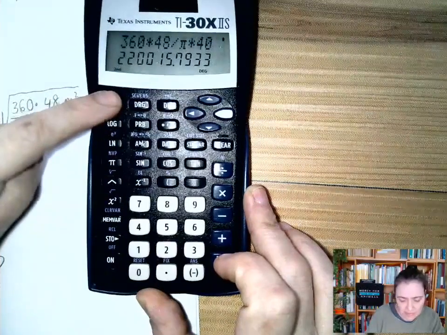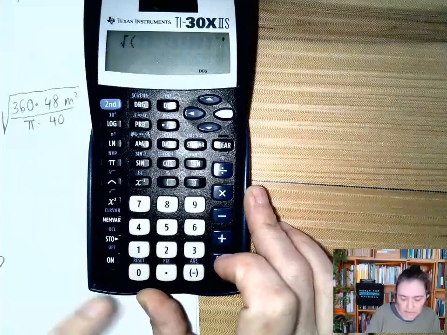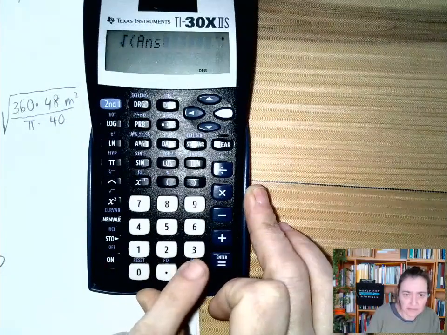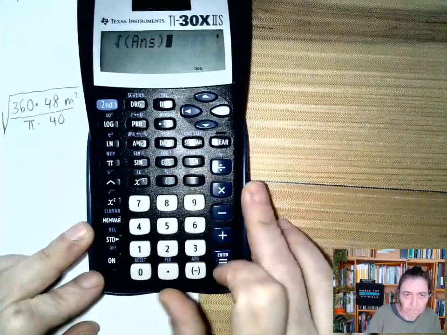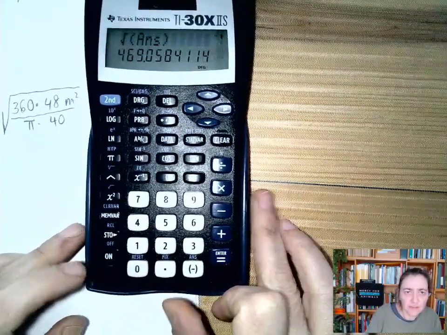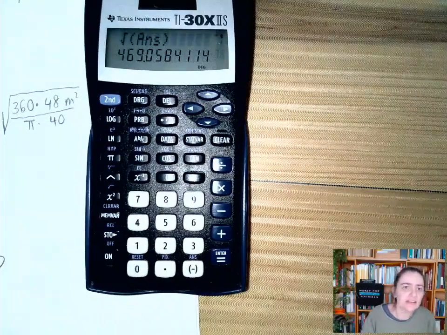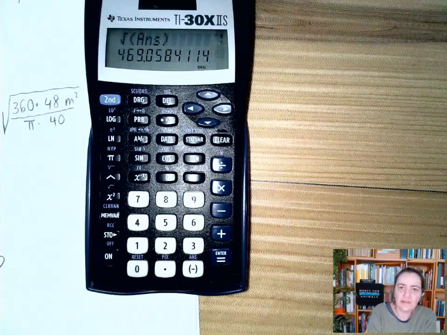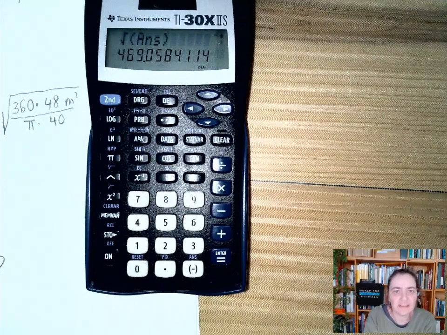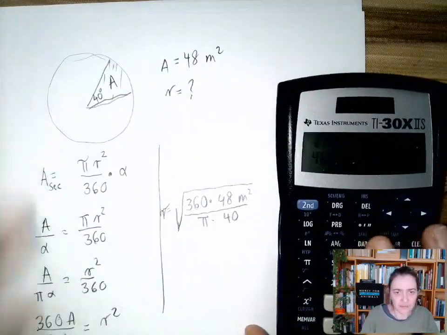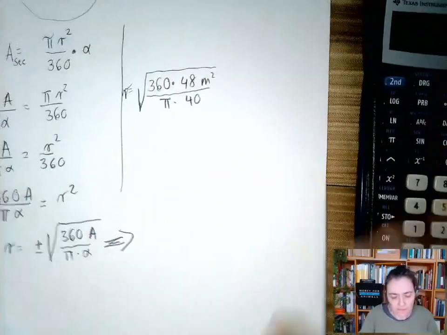You can say second radical, and then you can say the answer, the ANS with light blue, and it's wrong. That seems to be way too big. 469 meters seems a little bit big for 48 square meters of an area of just a skinny angle. So something is wrong.